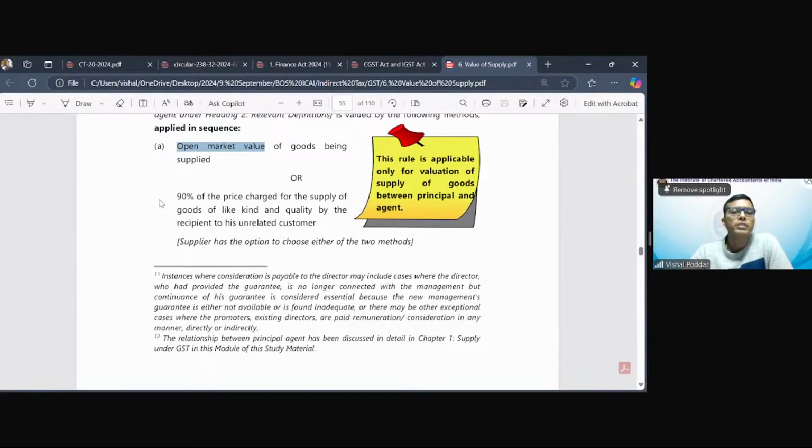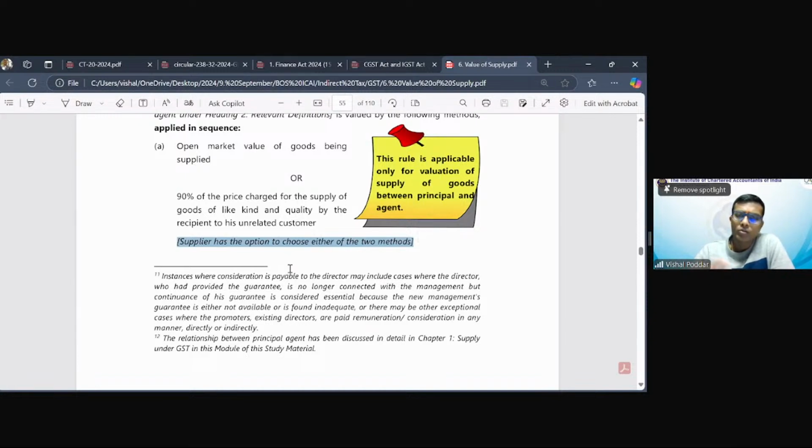Or it is 90% of the price charged for the supply of goods of like kind and quality by the recipient to his unrelated customer. That is, when I'm giving to an agent, the agent is going to supply it further. Now, at whatever price the agent is supplying, I will take 90% of that price. And the most important point is, the supplier has the option to choose either of the two methods.